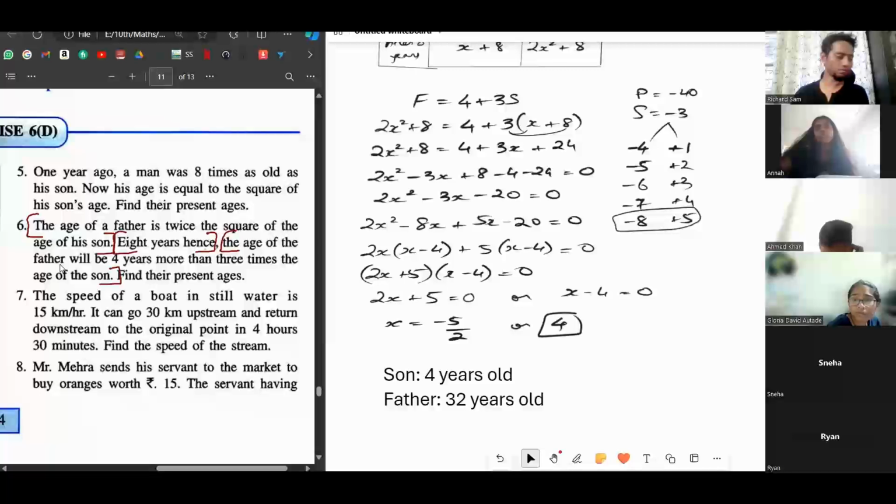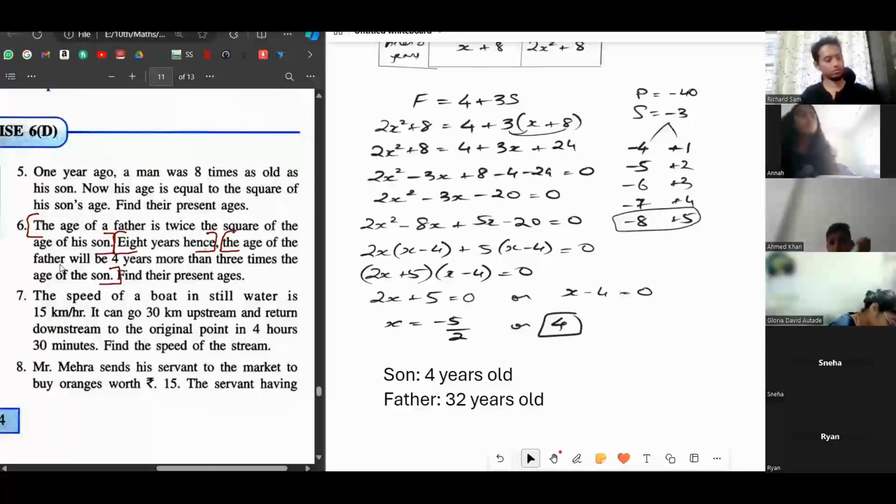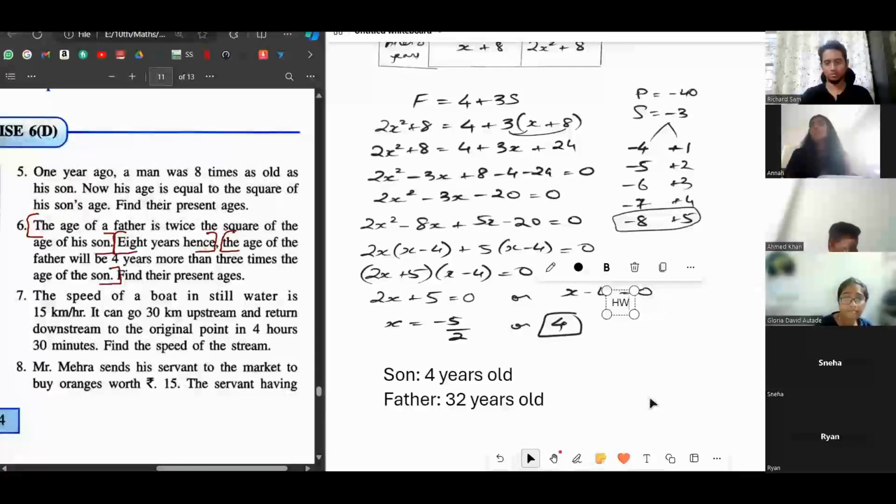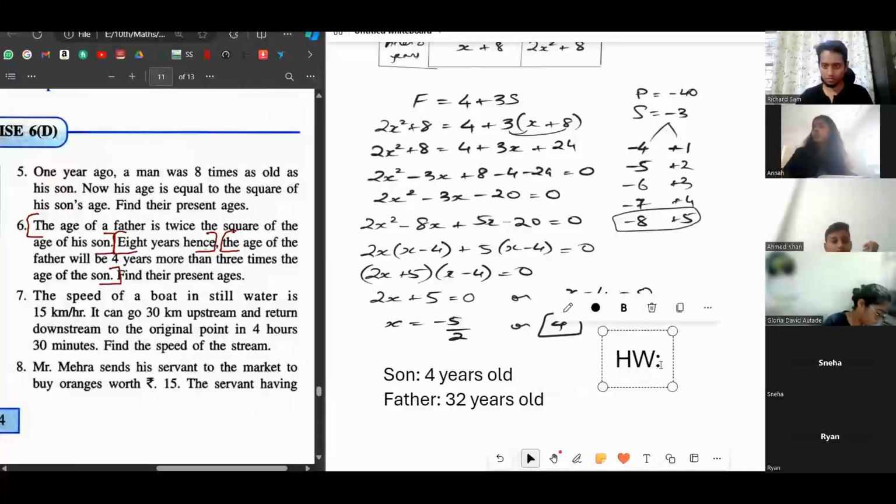Open that. Sir, all age terms are like this only. Yeah, all sums will be somewhat similar to this. At least 90% of the sums will be like this.